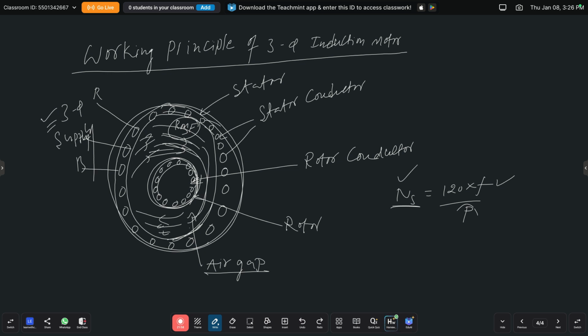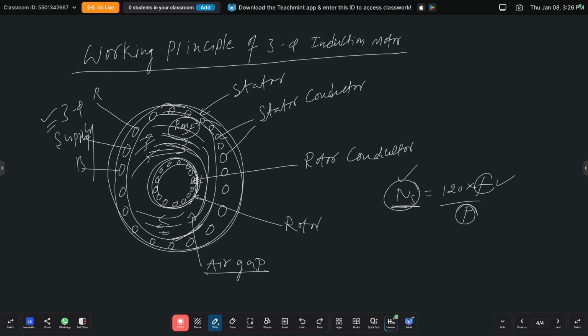So the synchronous speed depends upon 120 f by P, that is, on f and P.